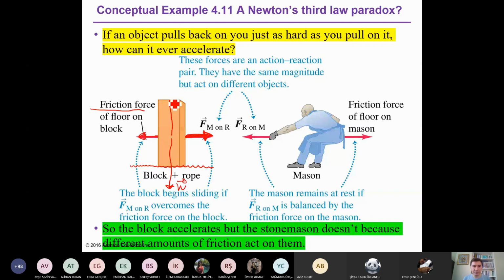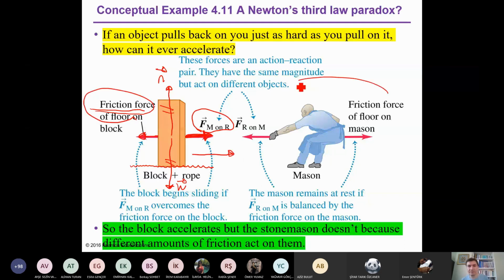So these two forces are equal to each other and cancel each other. And if this force applied by the mason on the block is bigger than the friction force of the floor, then this block will move in this direction, right?